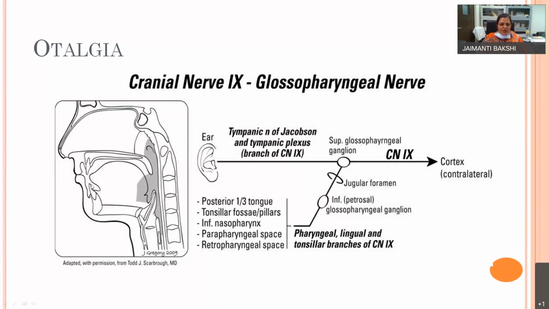If the tumor is arising from the posterior 1/3 of the tongue, tonsillar fossa, pillars, or inferior nasopharynx, or parapharyngeal space, or retropharyngeal space, all these areas are supplied by the pharyngeal, lingual, and tonsillar branches of the 9th cranial nerve. So sensations can travel from these areas, and they can affect the tympanic nerve of Jacobson and lead to otalgia.